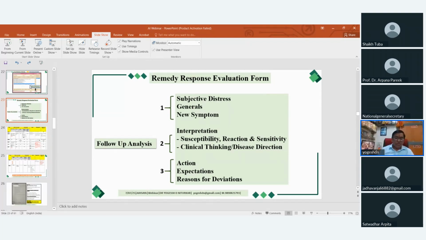So for that, this remedy response evaluation, which we do as a part of our regular activity since our PG training at Dr. M.L. Dhole Memorial Homeopathic Institute, Palghar.